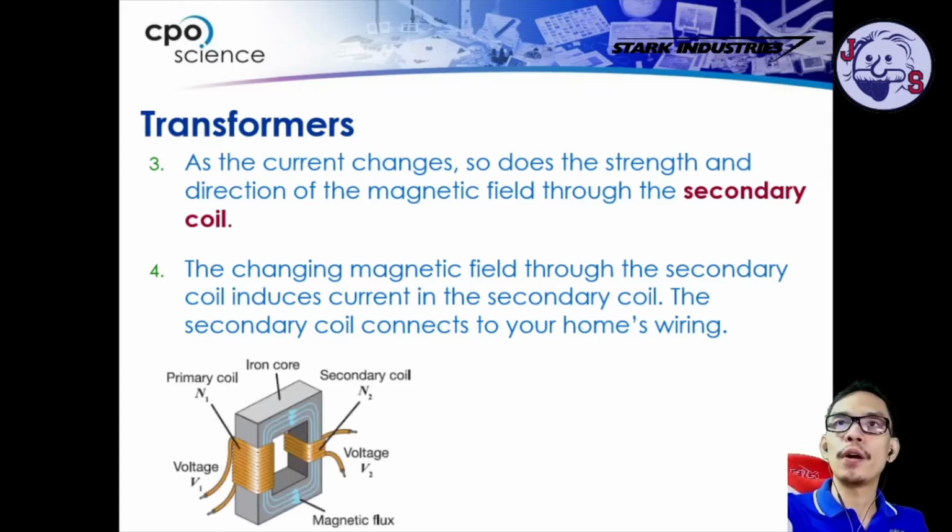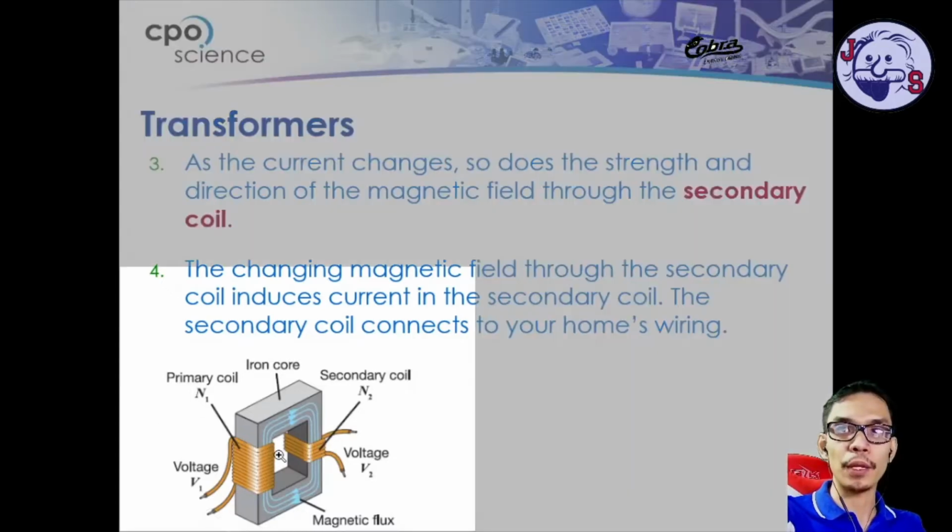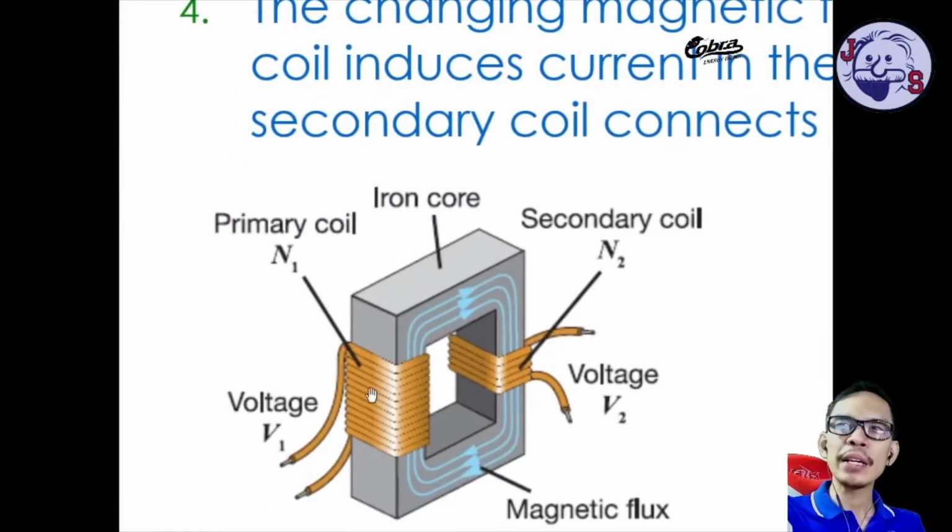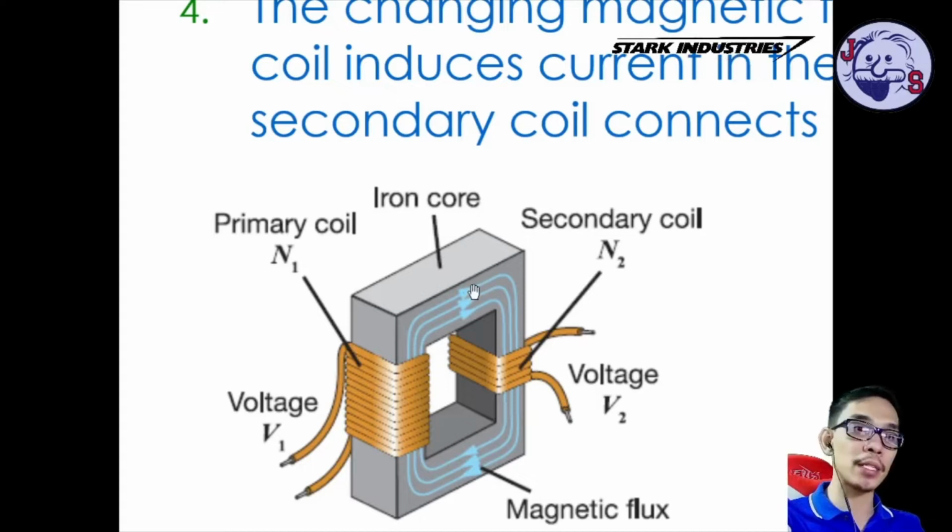This is how the transformer looks. This is the primary coil, and it has its primary voltage flowing on it. This primary coil produces this magnetic field. With the use of the iron core to stabilize the magnetic field, the secondary coil will capture that magnetic field coming from the primary coil.